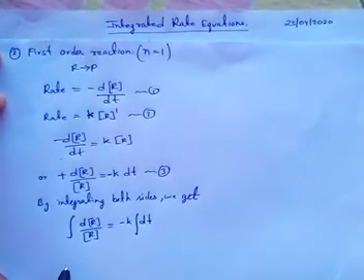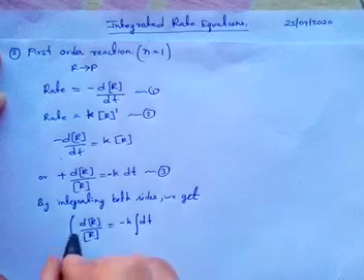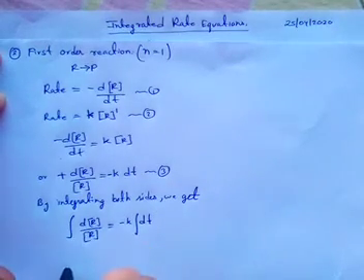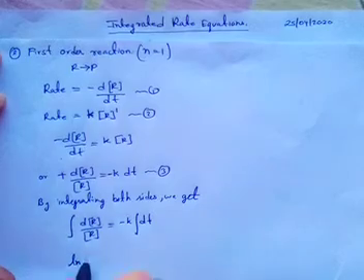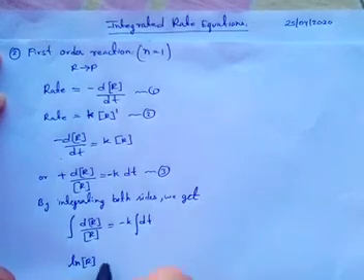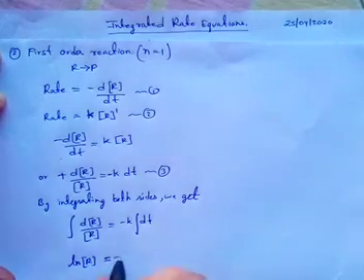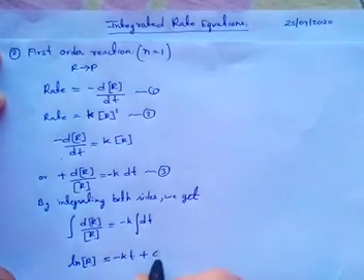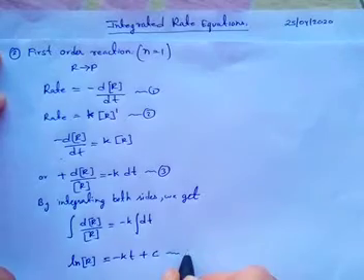Now integration of 1 by R is ln R, natural log, and some constant, equals minus kt plus c, the constant. Equation 4.